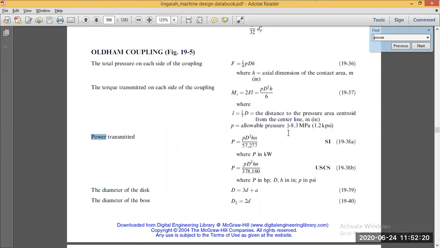We can use this equation. No, can't use this.